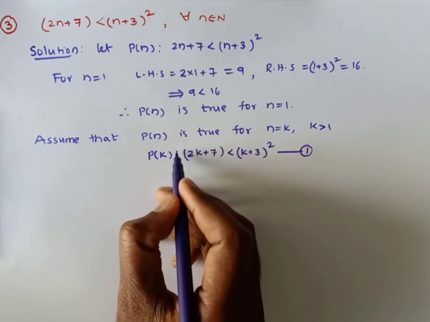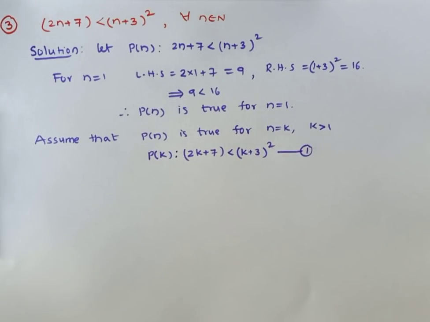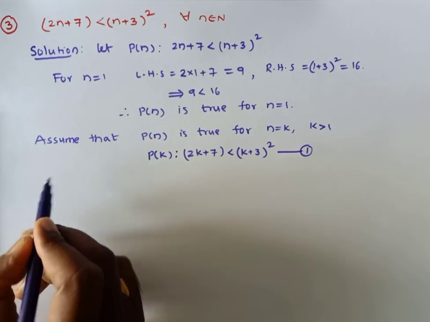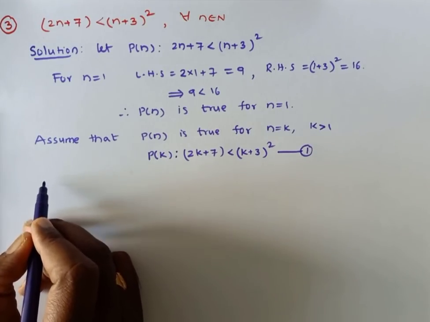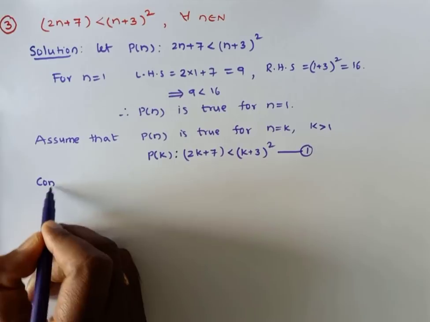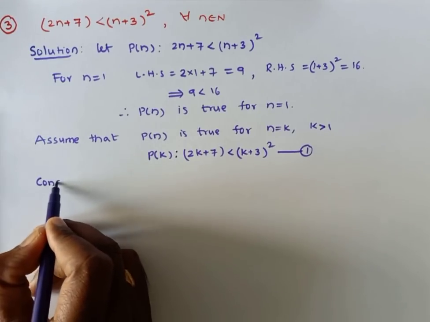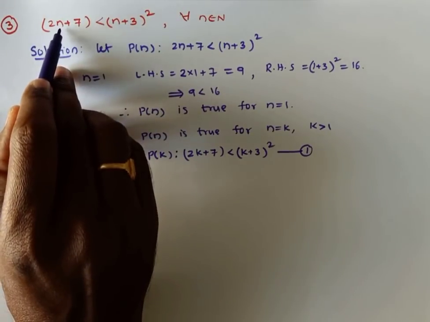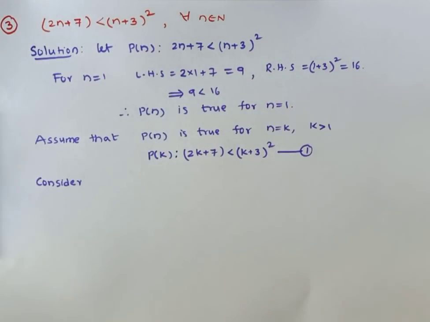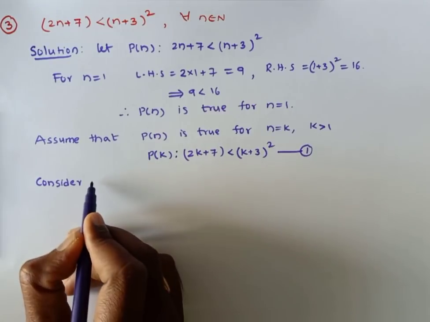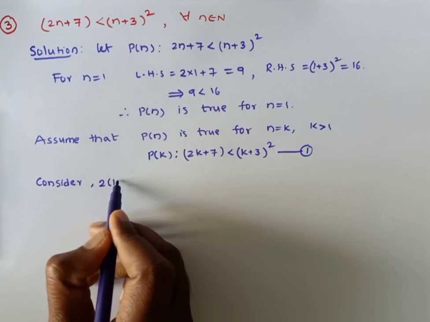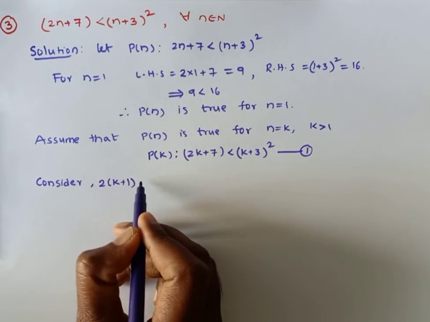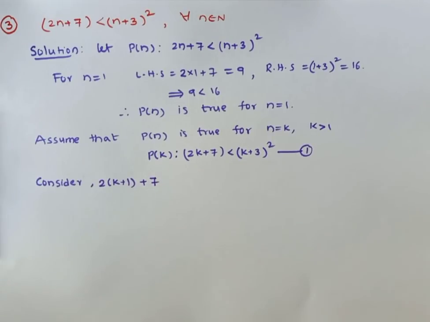So by using this P of k, we have to show the statement is true for n equals to k plus 1. Now to show that, you need to consider the term n. Instead of n, just write k plus 1. Means it is 2 times (k plus 1) plus 7.